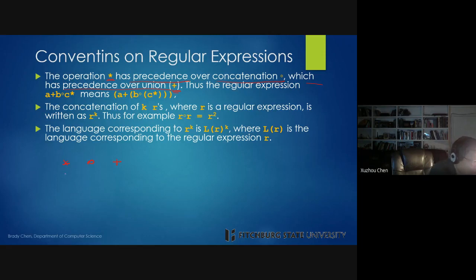So when someone just writes a regular expression like this, it basically means this has a high precedence. So C star is going to be evaluated first, and then concatenate next, so that you have a B next, and then A plus. So if you put the parentheses over here.